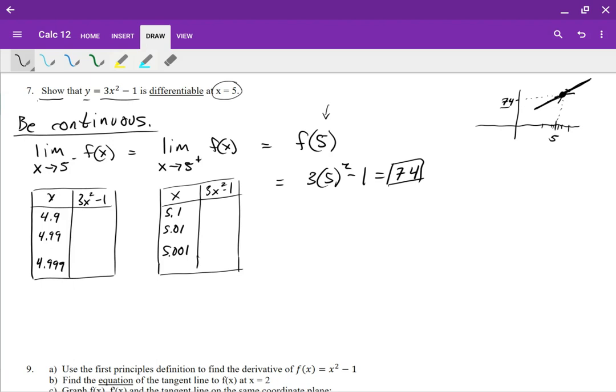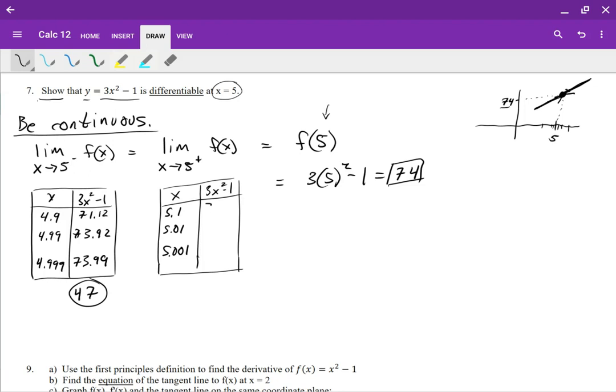And so since we're demonstrating continuity, that is our goal. Basically what you would do is evaluate these functions, and maybe you'd get like 71.12, and then you might get like 73.92, and then you might get 73.99, and you'd be like, yeah, that's pretty convincing. It's approaching 74.